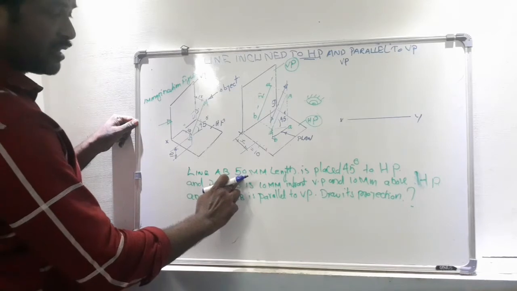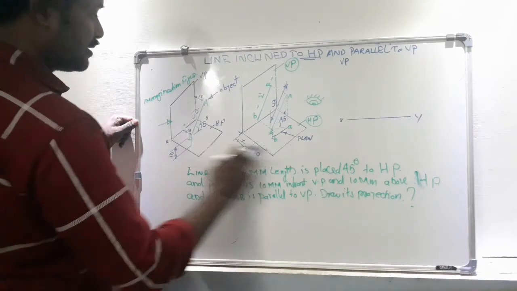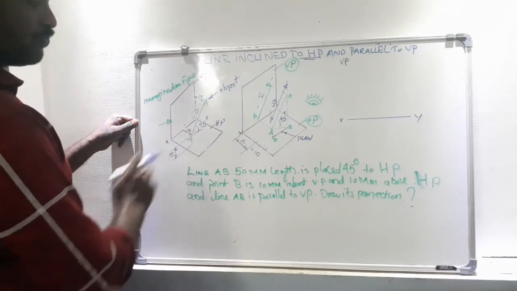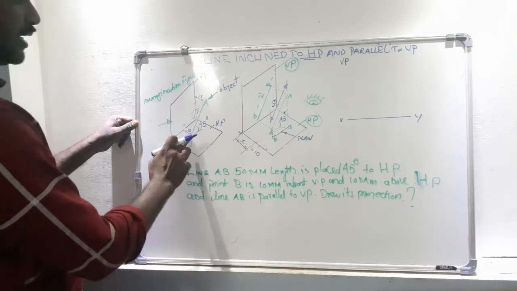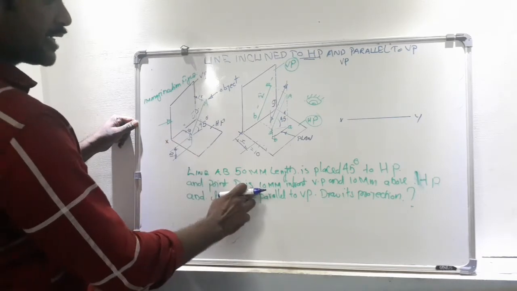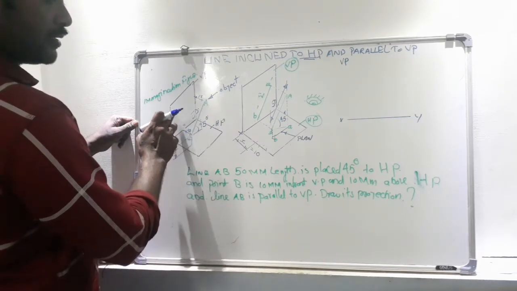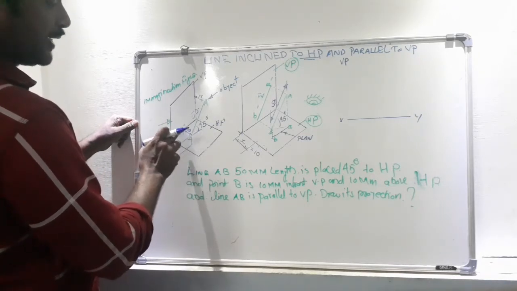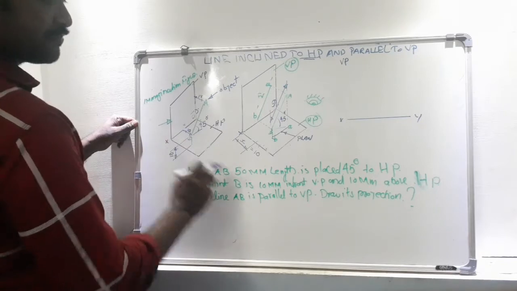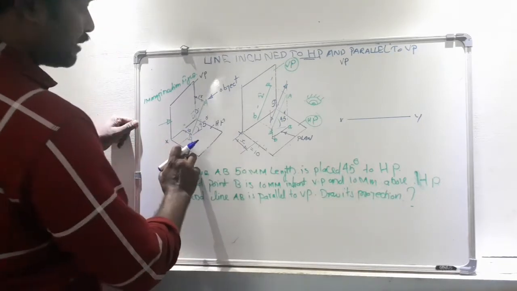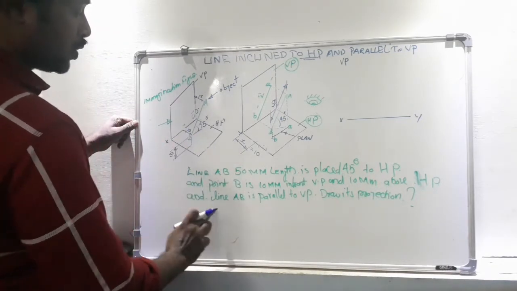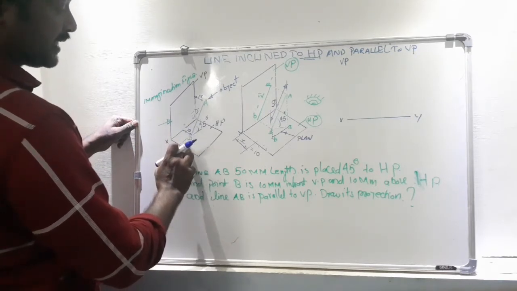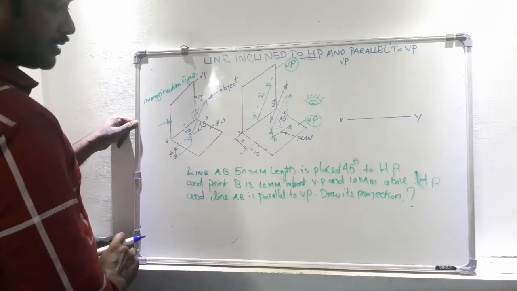The line is placed 45 degree with respect to HP, and point B is 10 mm in front of VP. This plane is called VP. So this point is placed in front of VP by keeping 10 mm distance. And point B is also 10 mm above HP. This is HP. So this point is placed 10 mm above HP.